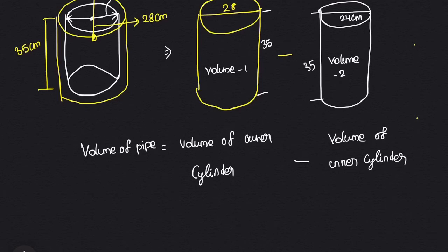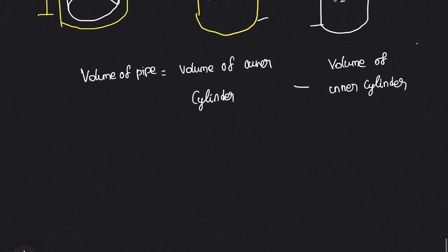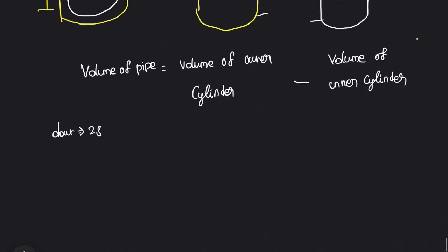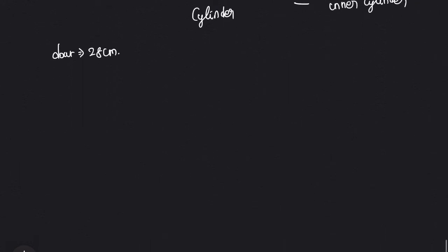For the outer cylinder, the diameter D out is 28 centimeter. We need to find the radius only, so radius equals diameter divided by 2. The radius of the outer cylinder is 28 by 2, which is 14 centimeter.